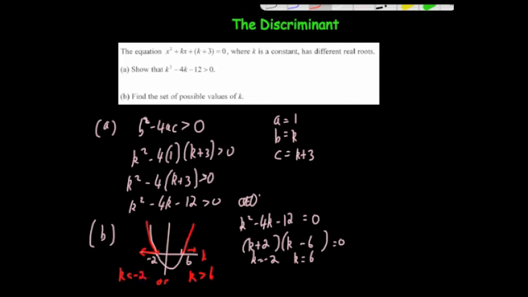So our answers, to find whenever this graph is bigger than 0, you have whenever k is larger than 6, or whenever k is less than minus 2. So to find the set of possible values of k, the answer would be k is less than negative 2, or k is bigger than 6.